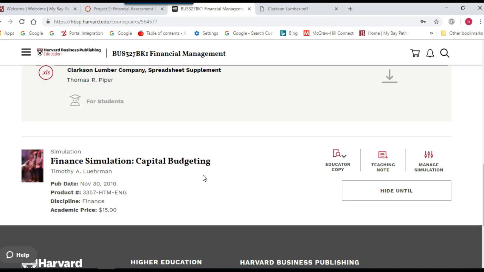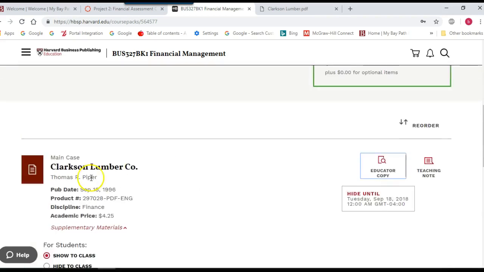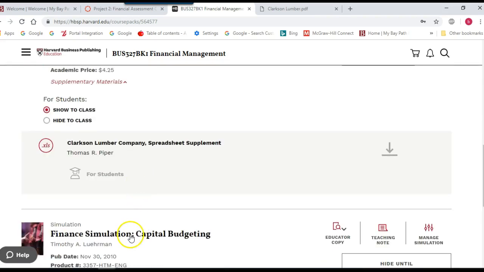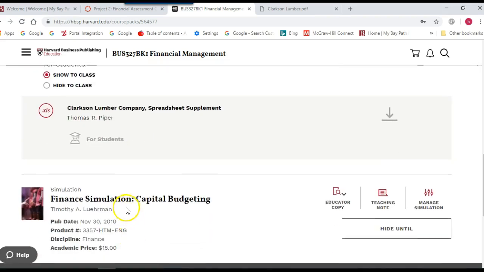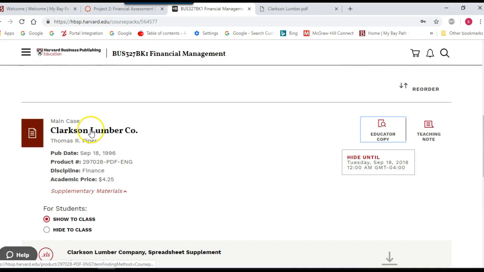You must enroll in the publishing for me to know to set it up. If there's only one or two students, I really can't set up the finance simulation until everyone is registered, which you will do with this Clarkson Lumber. Once everyone is in the Harvard publishing, I'll be able to set up this finance simulation. But we're concerned about Clarkson Lumber.